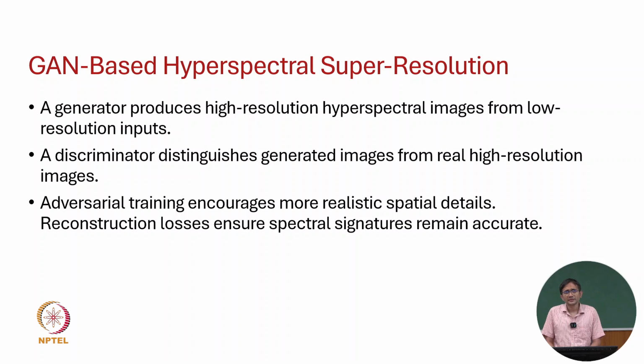A discriminator distinguishes the generated images from real high resolution images. Adversarial training encourages more realistic spatial details. Additionally, we can incorporate reconstruction type losses to ensure spectral signatures remain accurate or aligned.